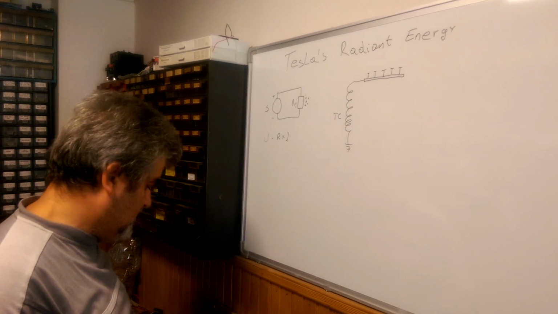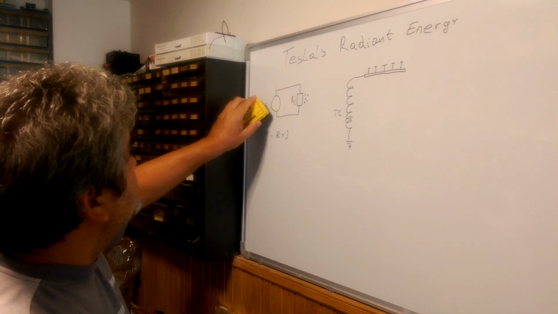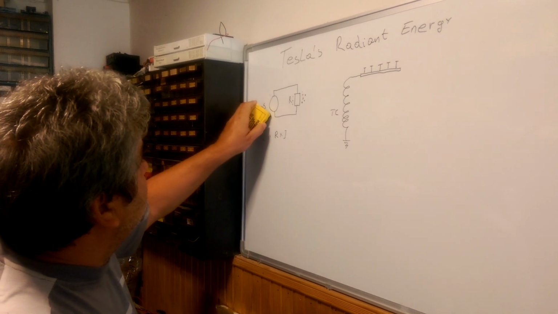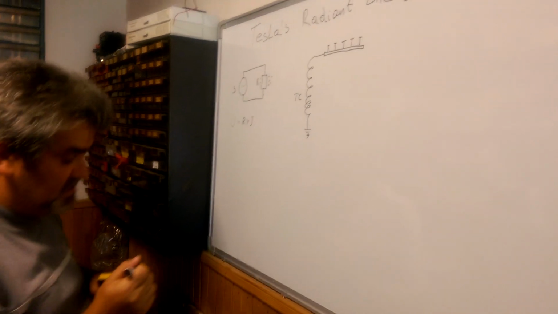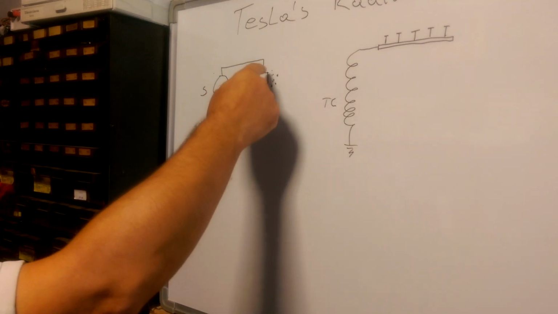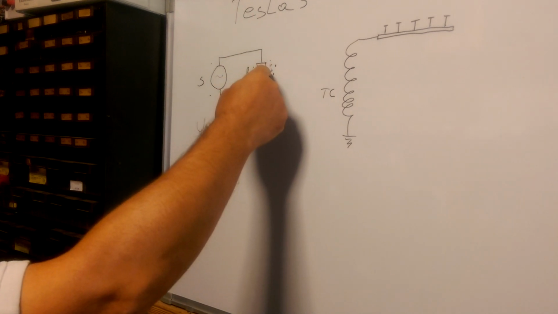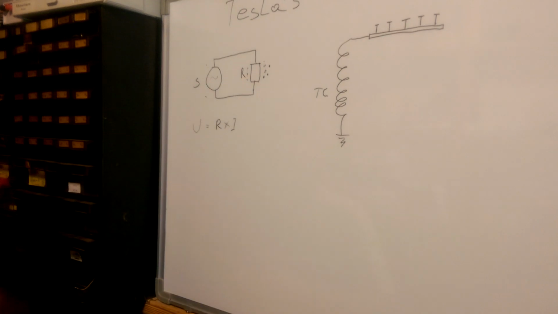When we have, instead of DC, an AC current source, something similar is happening. In the first half period these ions are charged from this side, and then from the other side.